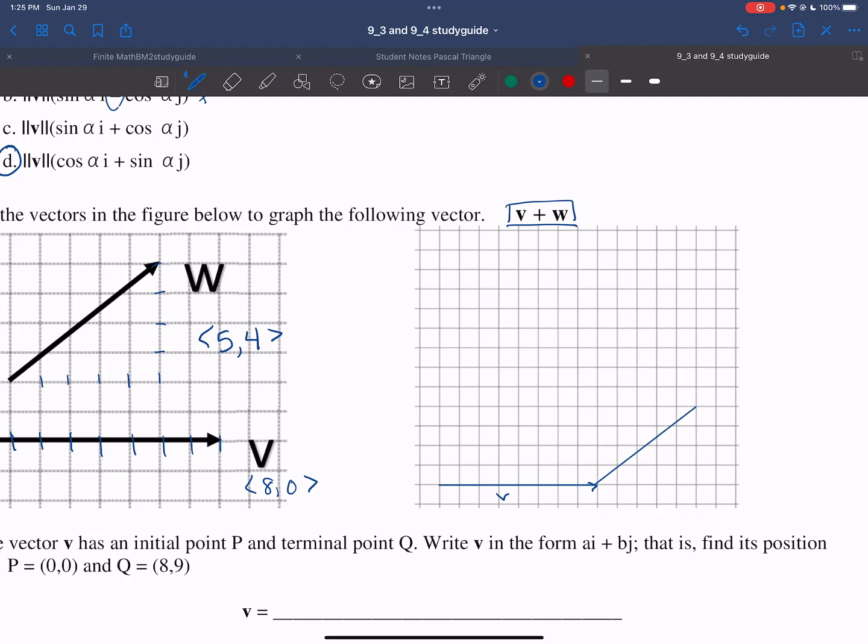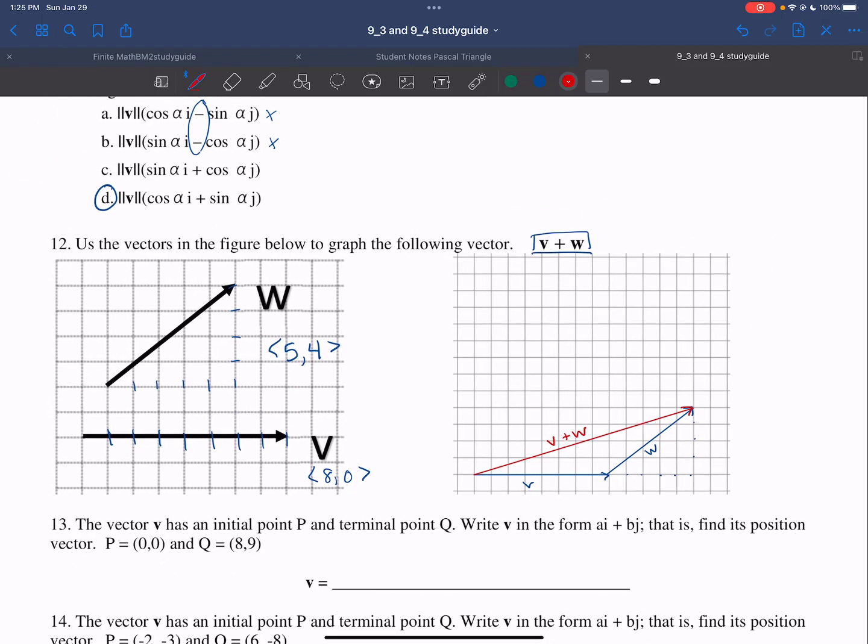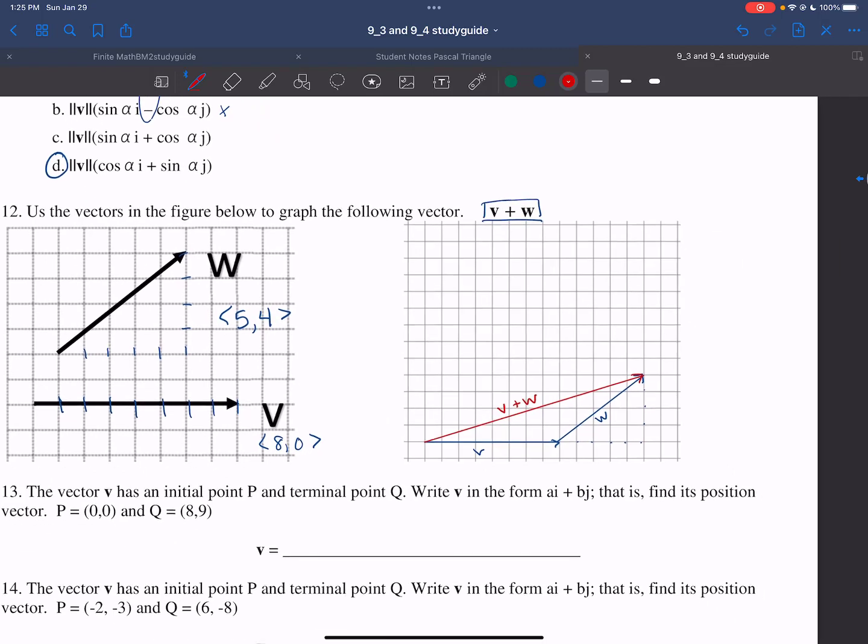And is that 4? Yep. Okay. So 1, 2, 3, 4, 5, and 1, 2, 3, 4. So that's my w. So my resultant vector would be this one that bridges both of them. So this is v plus w, okay? I guess it just wants us to graph it.